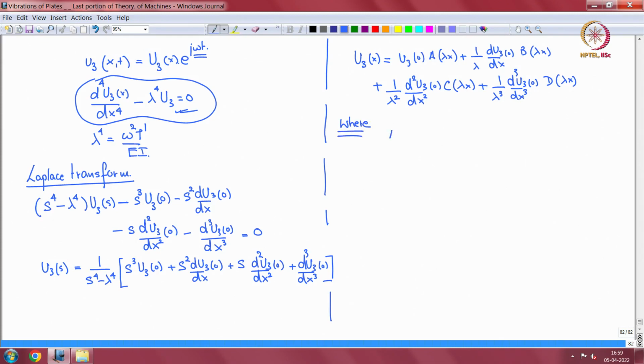A of lambda x is given by a half cosh lambda x plus cos lambda x. B of lambda x is equal to 1/2 sinh lambda x plus sin lambda x.